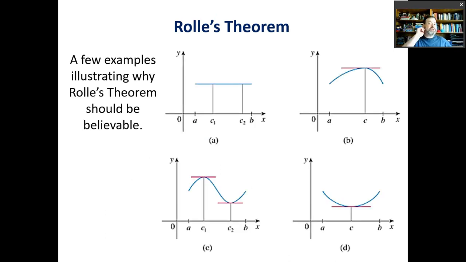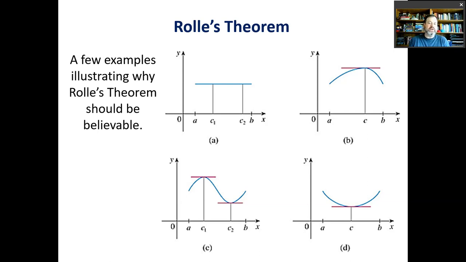So here are a few pictures that hopefully illustrate why this theorem is believable. Notice in all these pictures, the endpoints are equal, so f of a equals f of b. All of these are continuous, and all are differentiable, except at the endpoints, obviously. And all of them have the derivative equal to 0 somewhere.